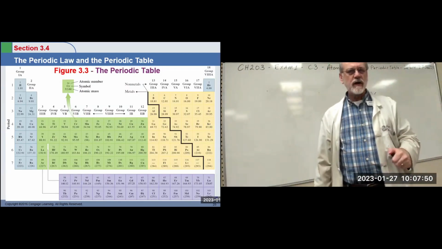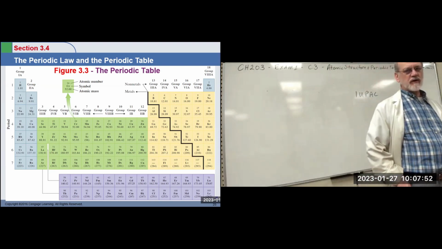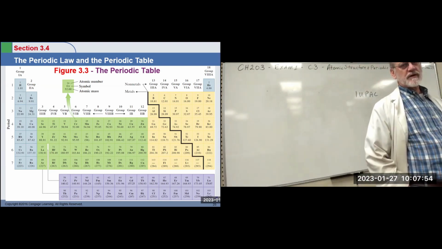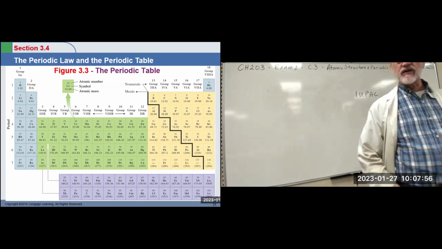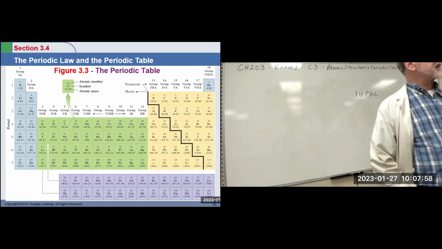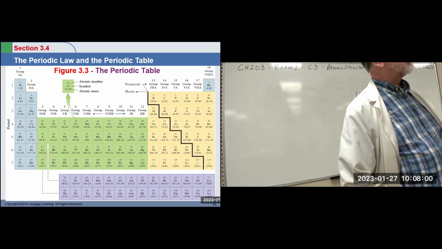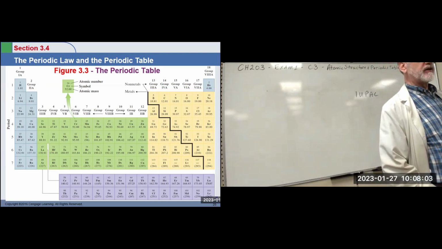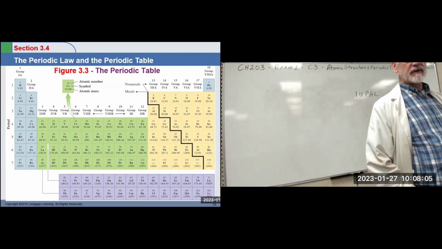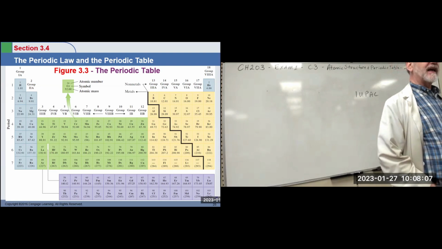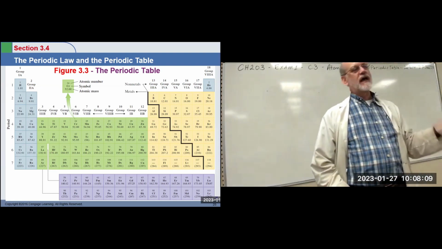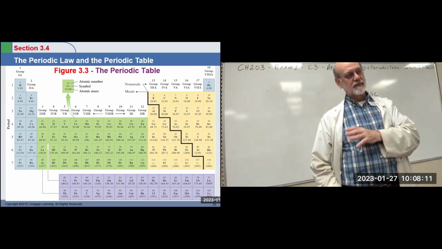Another feature of the periodic table, and I've mentioned it earlier, but I didn't define my terms, is this dividing line, that dark black line, that stair step running between boron and aluminum starting, and then you just step down one at a time. That's the dividing line between metals on the left and non-metals on the right.